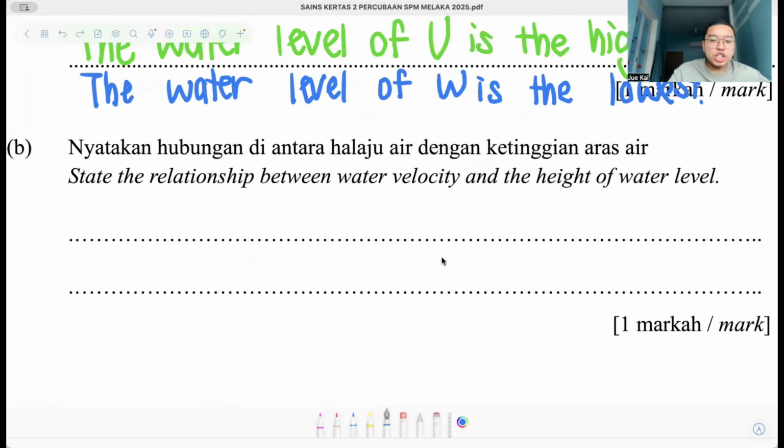Okay, let's see. State the relationship between water velocity and the height of water level. So the relationship is the higher the something, the lower the something. When something increases, something decreases.